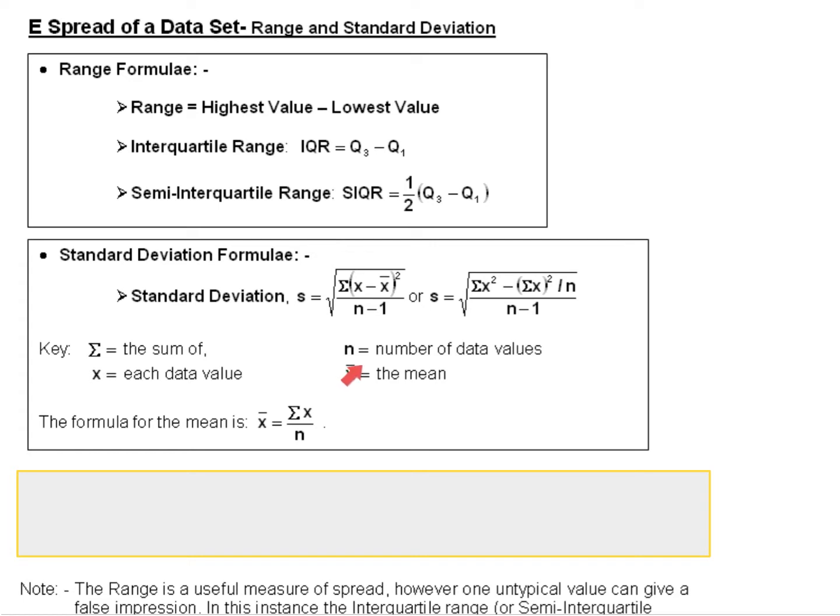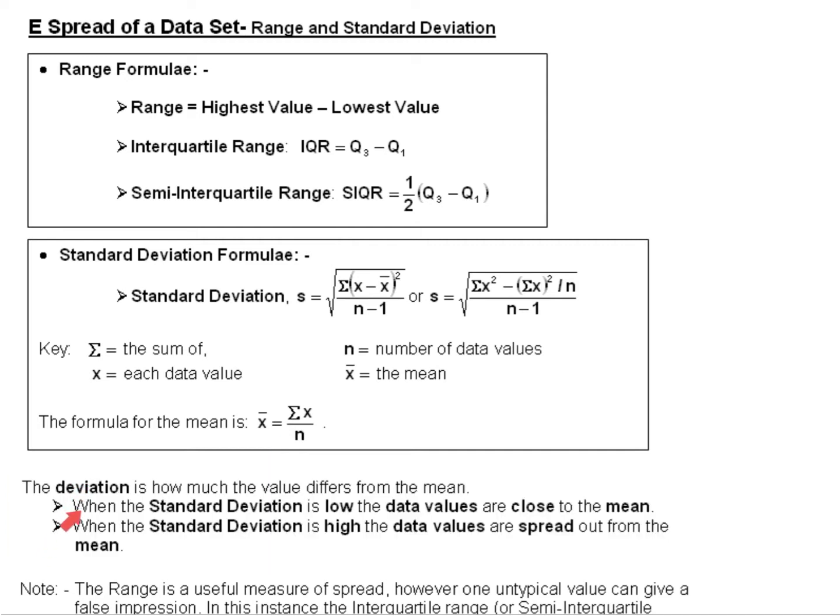How many numbers are in your list? X is each of the numbers in your list, and X with a bar is a new way of writing the mean. So we can now write the mean, X bar, is equal to the sum of the X's divided by the amount of numbers. Don't get scared by it, because we will work on this together and it will make sense.